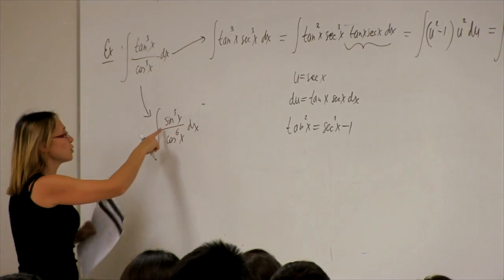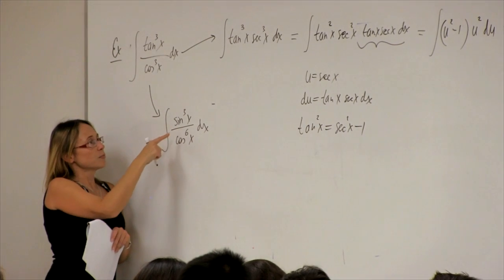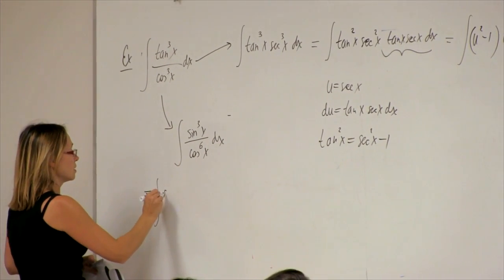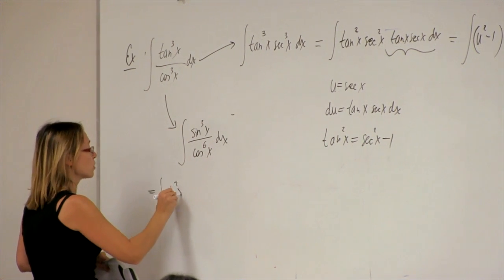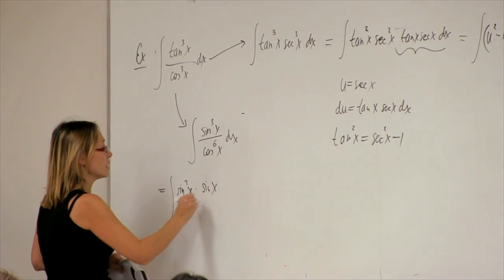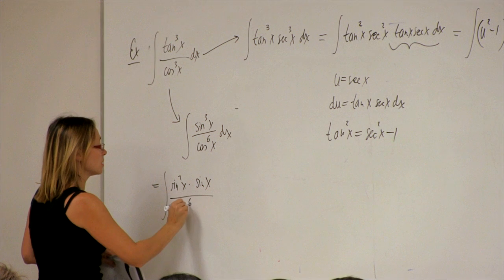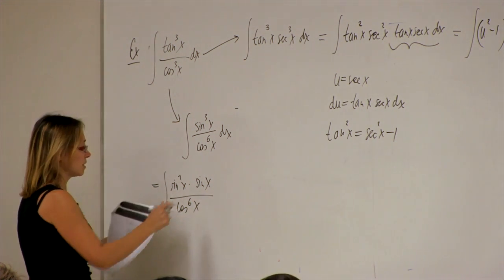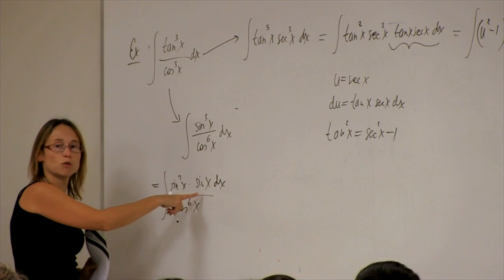So you observe that we can split it like this: sine squared x times sine x cosine to the 6th x, right? And this is a derivative of a cosine.